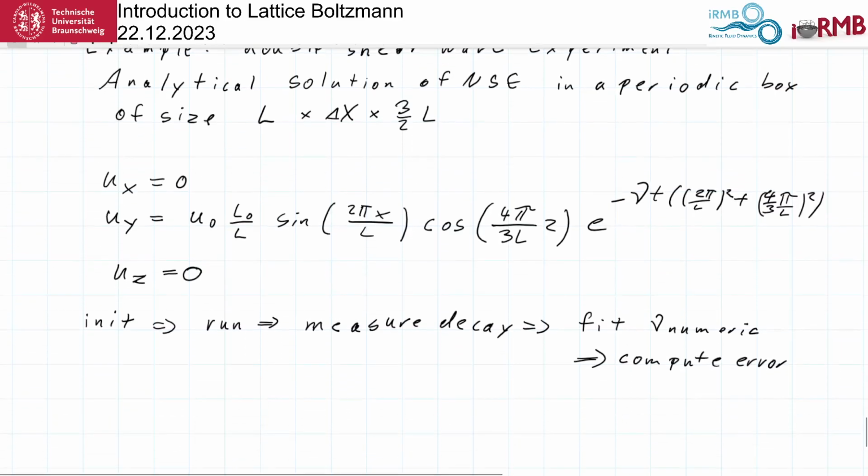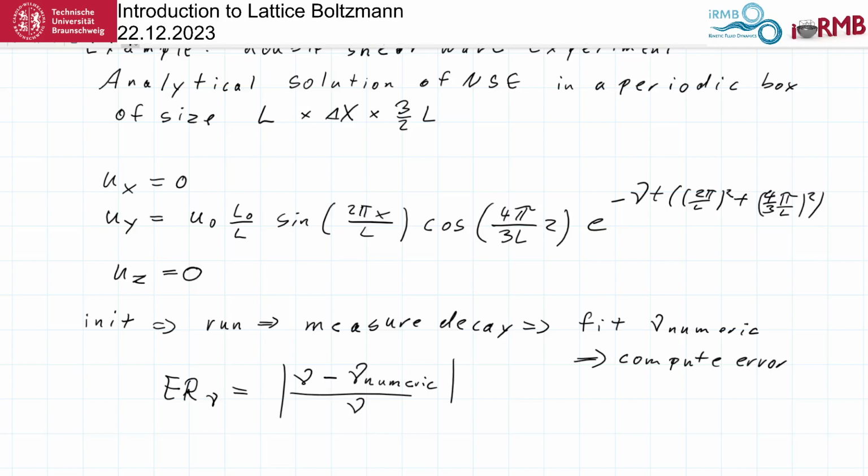The error we define as the viscosity that we impose minus the viscosity that we get out of the fit, divided by the viscosity that we impose, and we also take the absolute value of this.